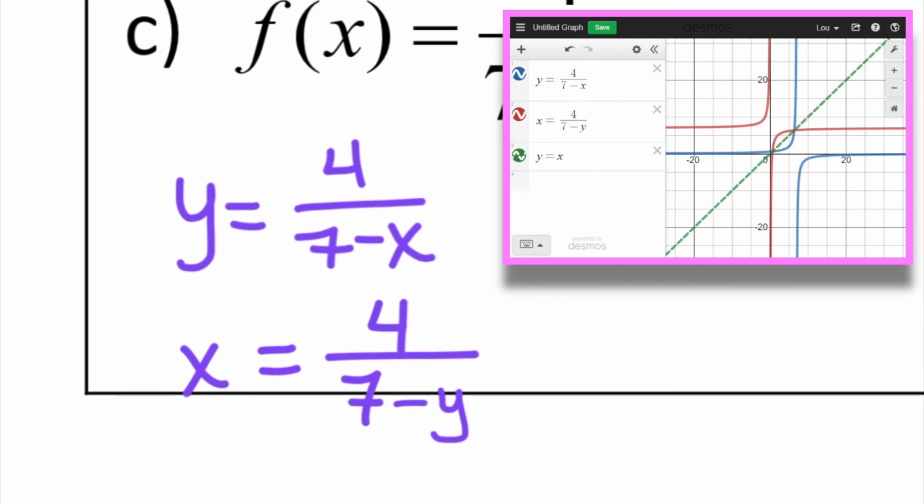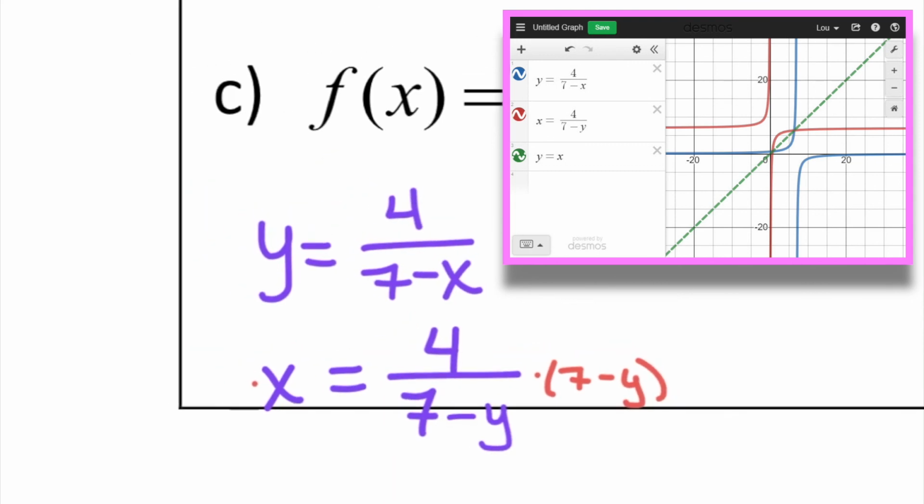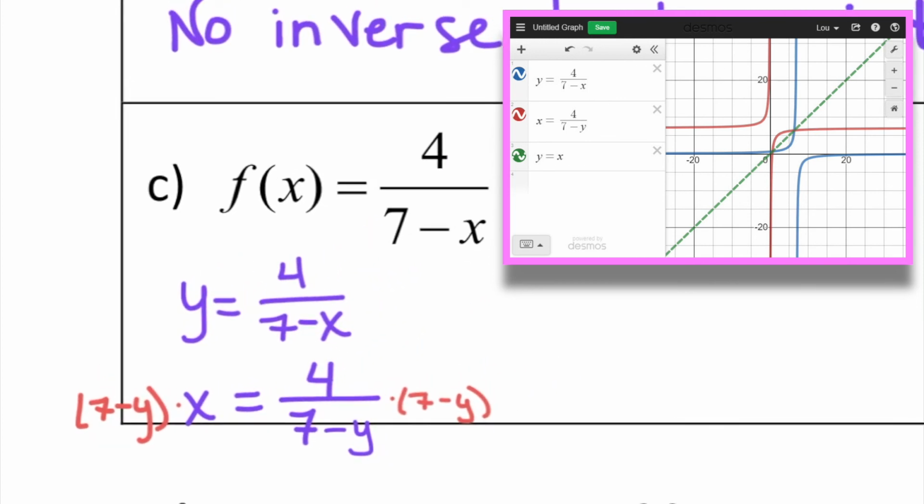And in order to get the y by itself, you're going to want to multiply both sides of the equation by the denominator. That has never happened with this app before. This app usually behaves itself. Oh well.